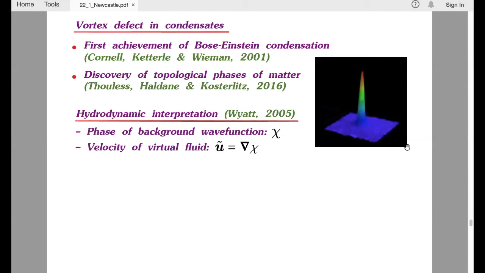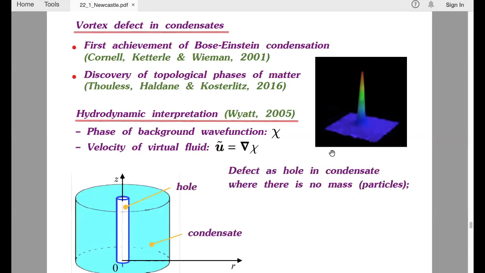Remember, it's not really a fluid, it's a gas of particles at low temperature, but we can describe these particles rather well in terms of the hydrodynamics of this virtual fluid. So we have a U tilde. I put a tilde here because it doesn't scale correctly with grad chi, and chi you can consider as a kinetic potential.